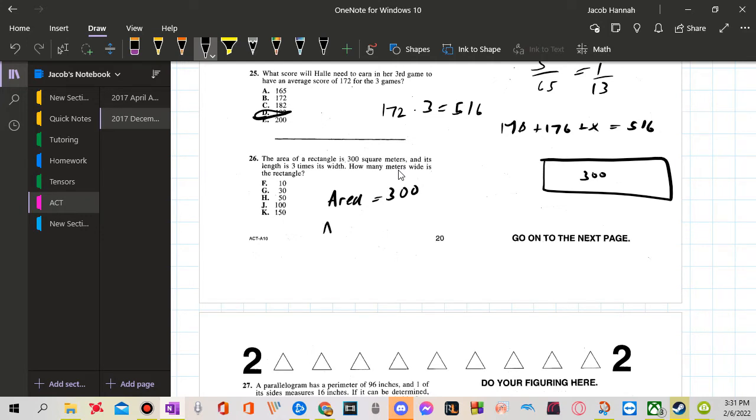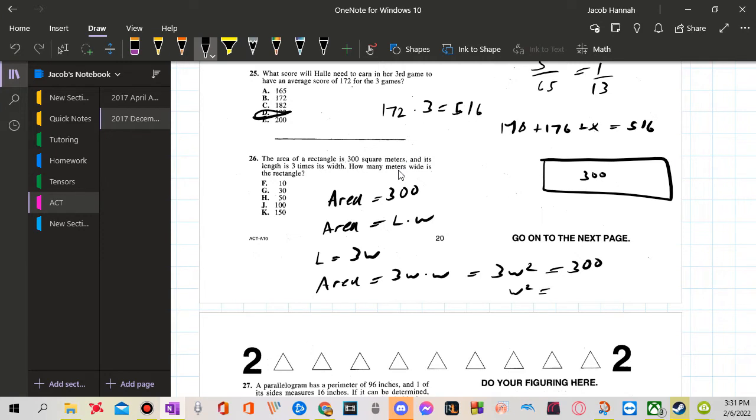And if area is equal to length times width, and if the length is equal to 3 times the width, then area is equal to 3 width times width, which equals 3 width squared. And if the area is equal to 300, then do some math.